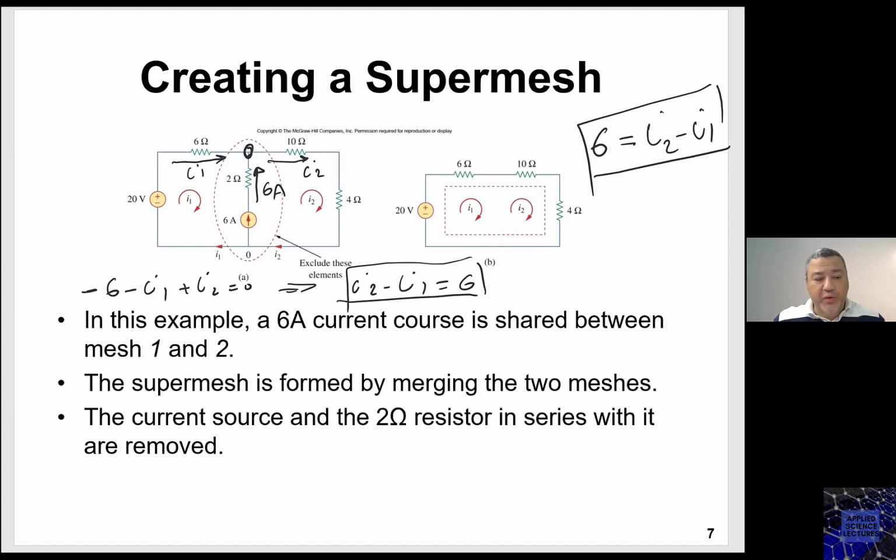So this is the binding equation, the binding expression between both mesh variables, I1 and I2. Why? Because they have a current source that they are sharing. Once they have a shared current source, I would call this a super mesh. So what do I do in a super mesh? Where I have a current source that is being shared by two mesh currents, I would eliminate that branch and merge those two meshes into a big mesh.